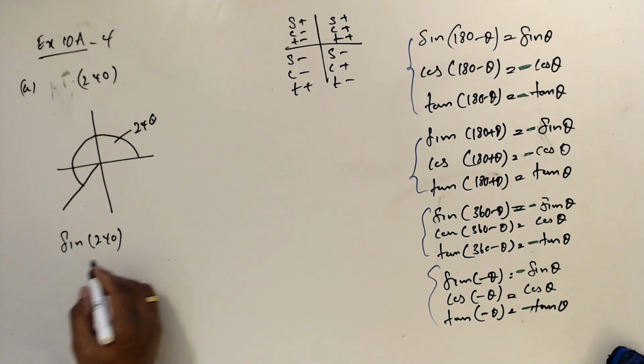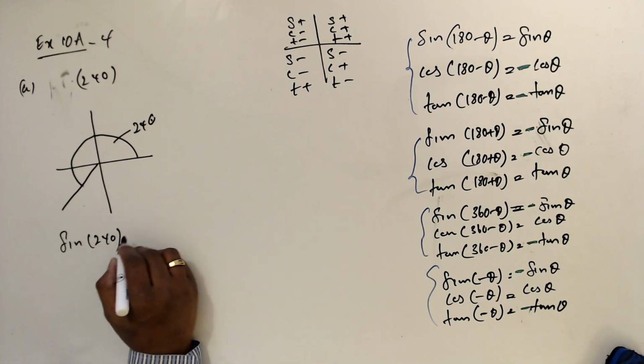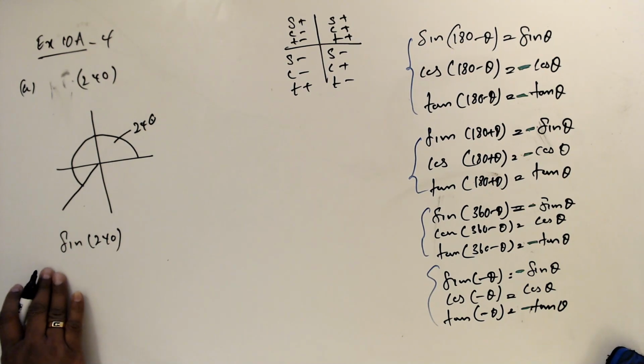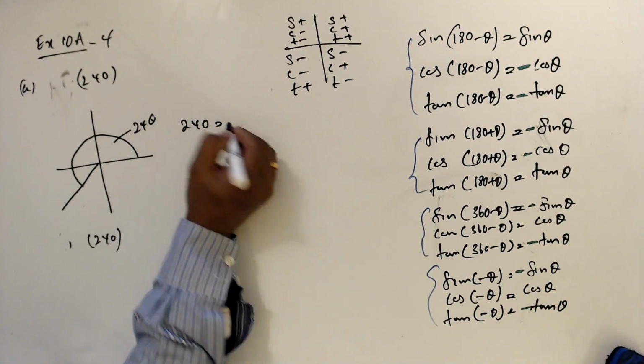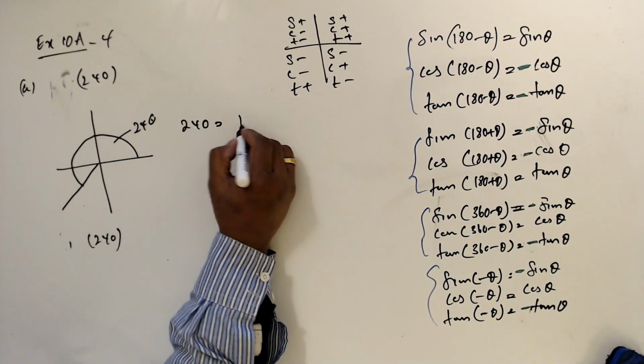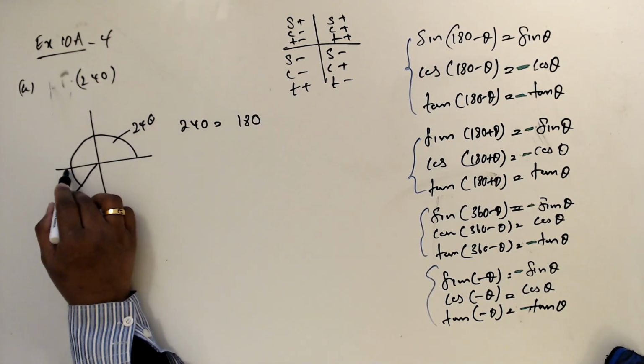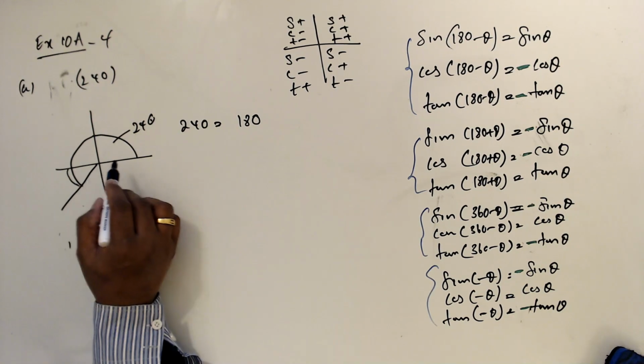Right, now I can write 240 as 180 plus 50.